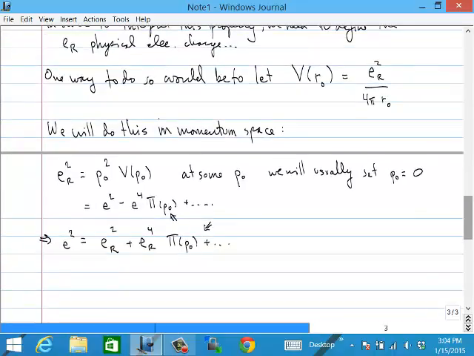So in particular, because pi has a divergence, this means that e squared has a divergence. The bare coupling has a divergence. But this divergence is unobservable.